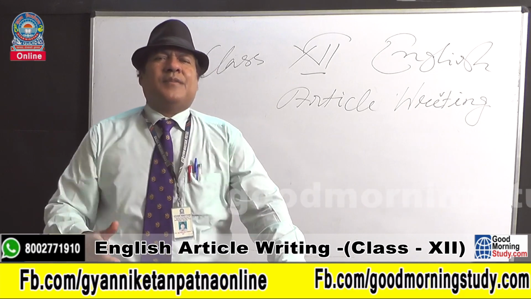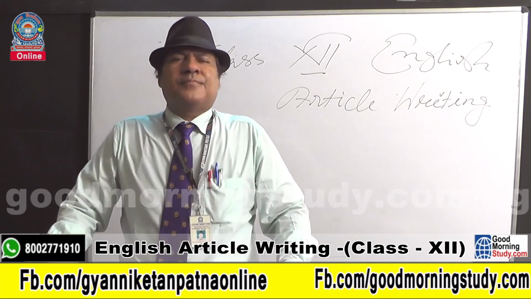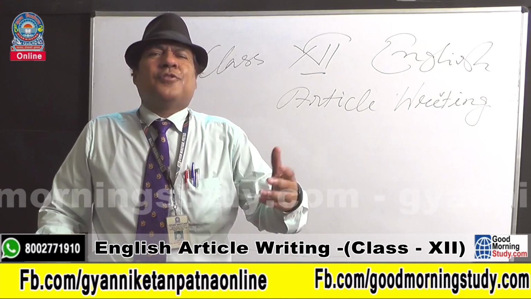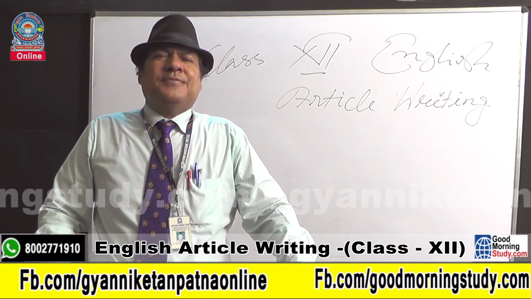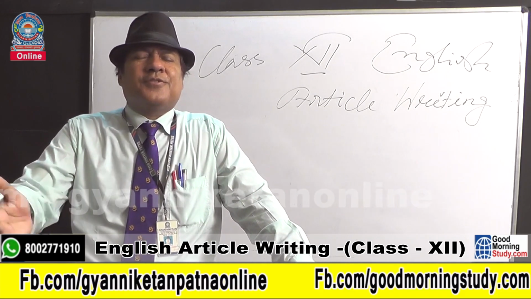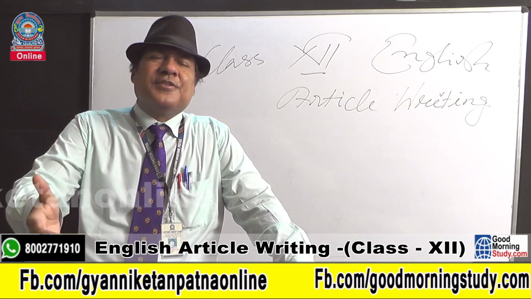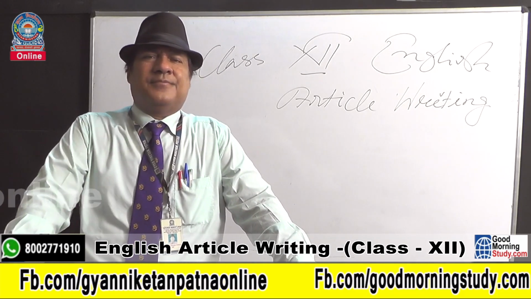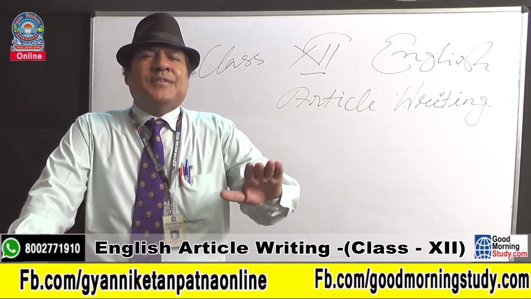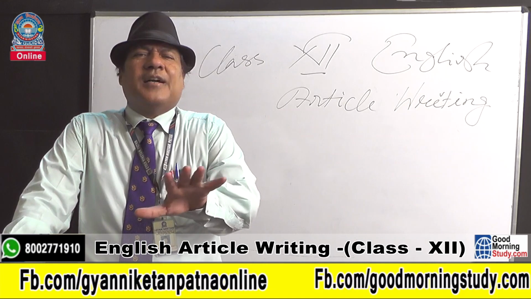If you are writing on Mahatma Gandhi, you will first write when he was born, when he went to London, when he went to South Africa, when he launched the non-cooperation movement, when he launched the civil disobedience movement, etc. That means it should go in the sequence of time.